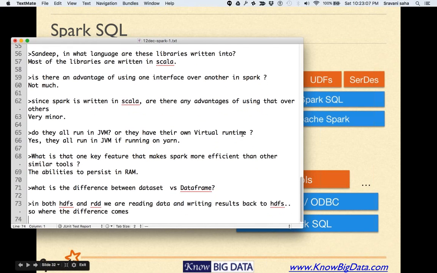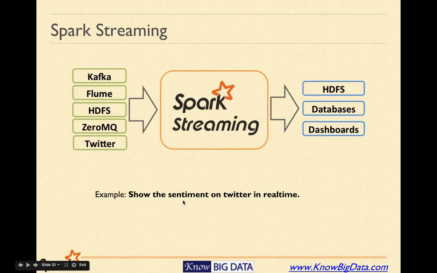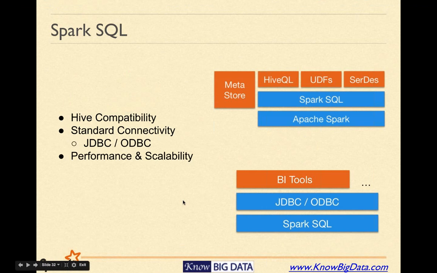Now there is a question from Rohit. The question is, in both HDFS and RDD, we are reading data and writing results back to HDFS. No, we are not reading data and writing back for every operation, and we are not always reading from HDFS and writing to HDFS. In case of MapReduce, the only way of storage was HDFS.